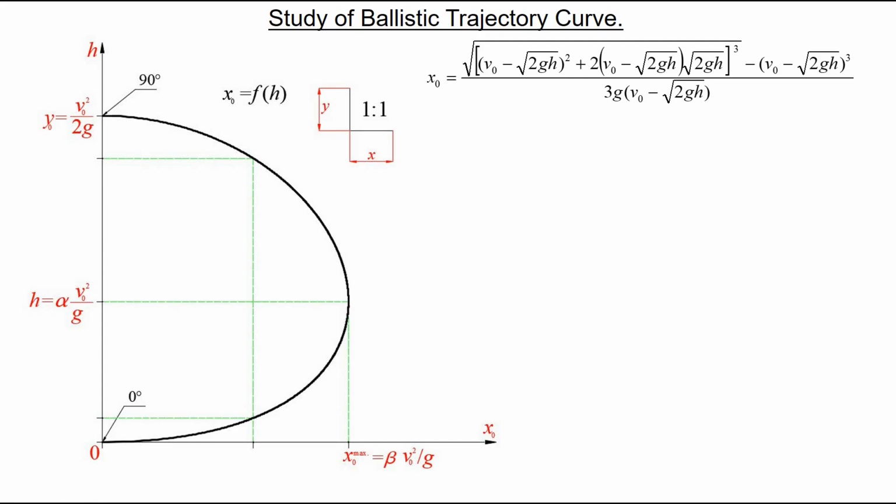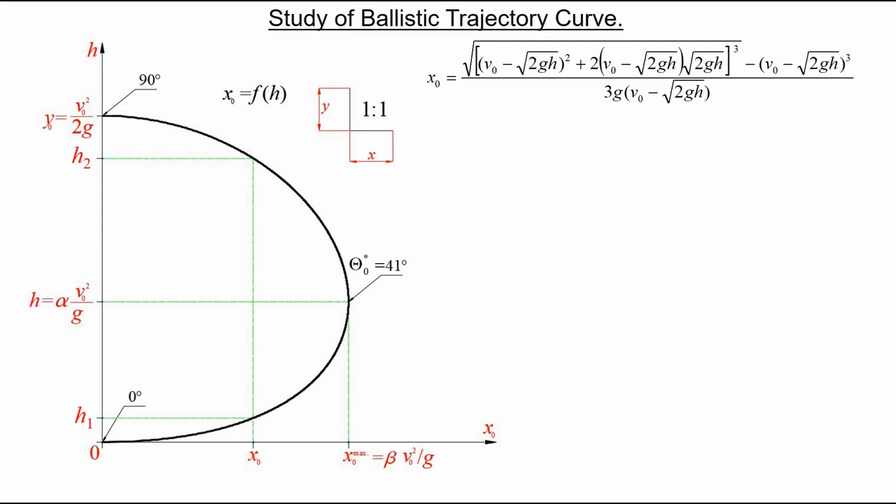From the plot, we see that the ballistic trajectory curve as a function of height h has two height points, h1 and h2, at which we share the same flight distance x0. We have one unique point at an angle of 41 degrees.